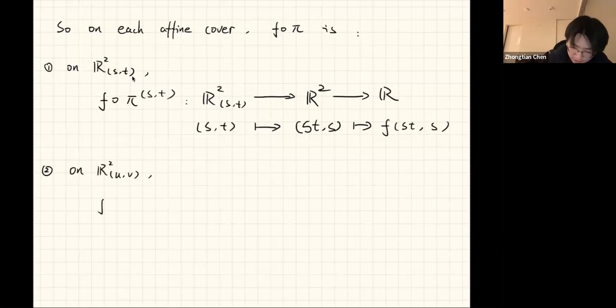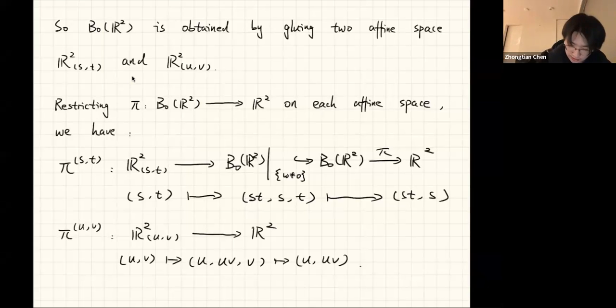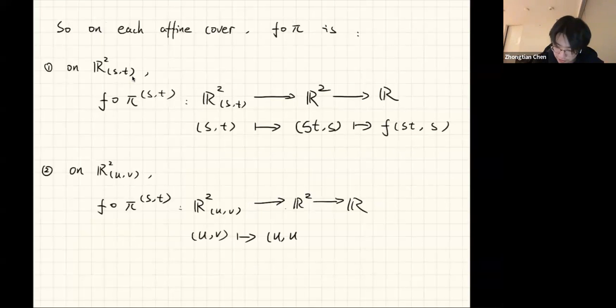And the same thing for the other affine cover. You take a point, first apply pi restricted to (u, v), you will get (u, uv), and then apply F to it. So now we compute this function on each of these affine spaces.